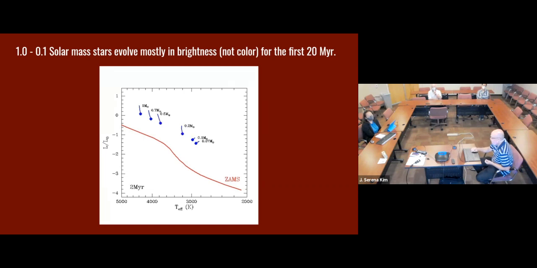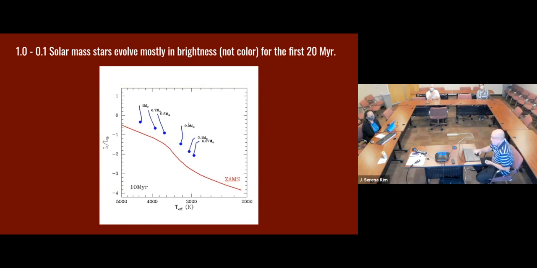So you can see they're dropping to the zero age main sequence down there. And yes, I know I did not satisfy everybody by stopping it before they actually get there, but the point is, especially here at the 0.2 solar mass stars, they're dropping straight vertically down. And these are the predictions from the models.